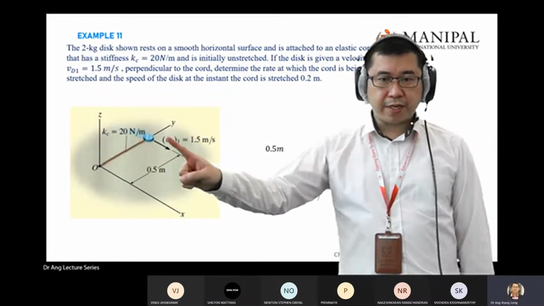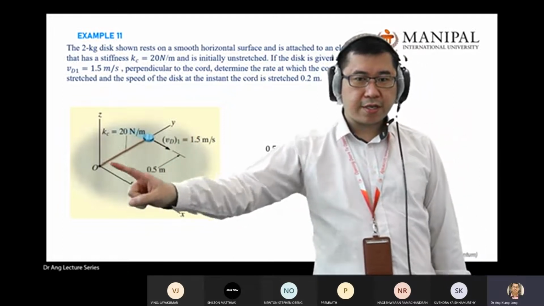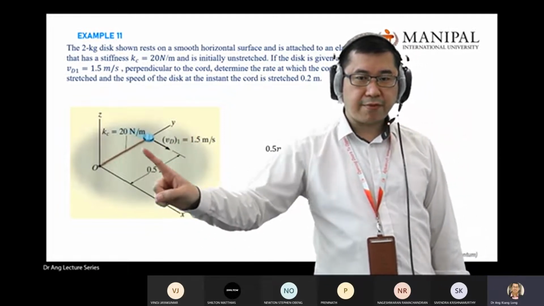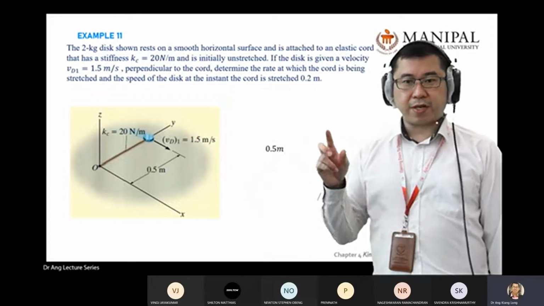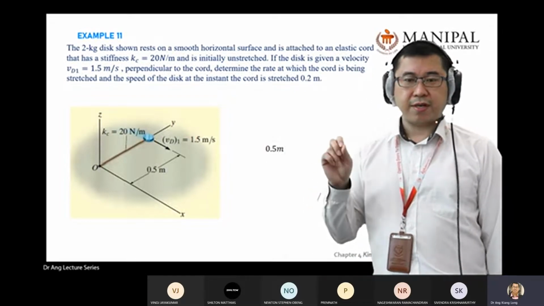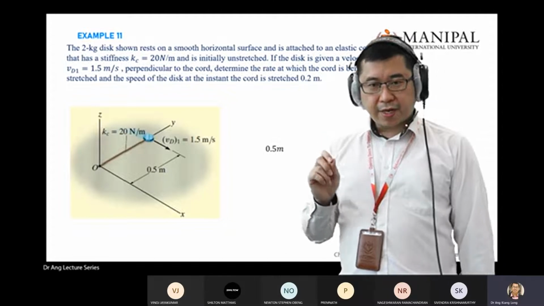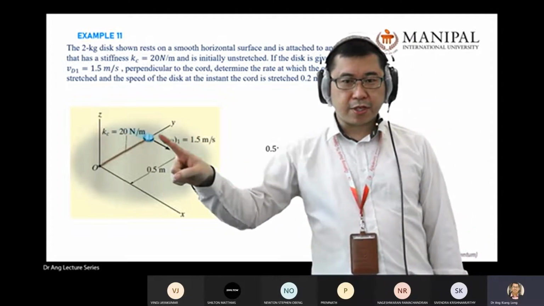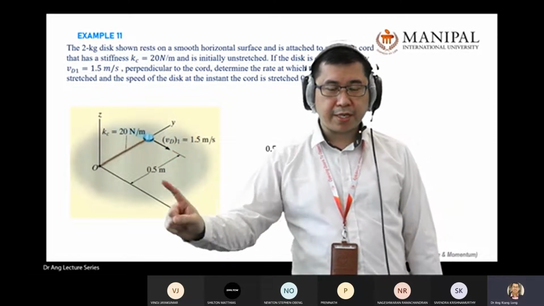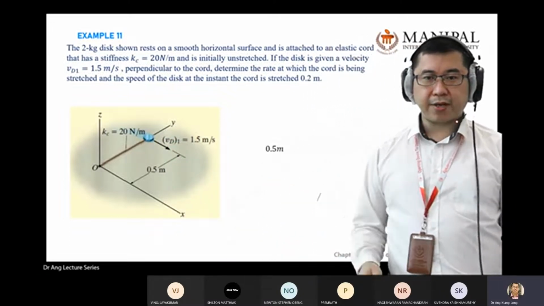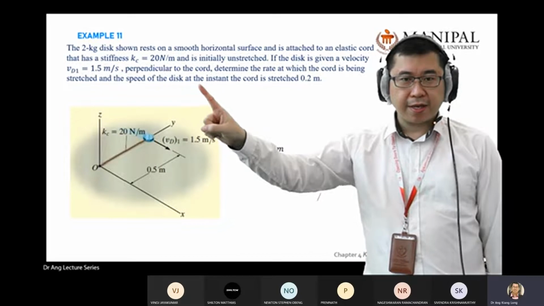So we have the velocity and a distance of 1.5, and you learned about the conservation of angular impulse and momentum. You can change this into momentum. Momentum multiplied by the distance, you get the angular momentum, right?